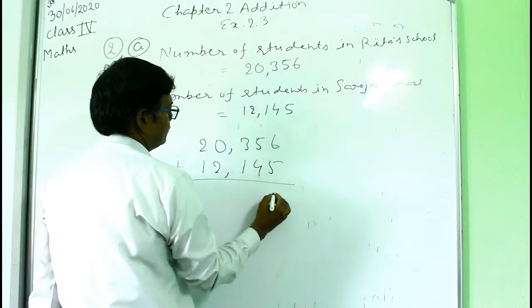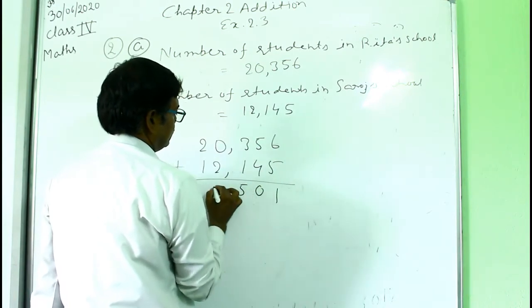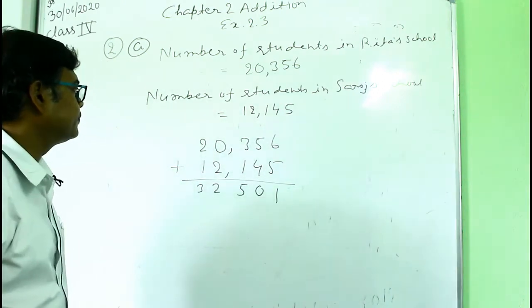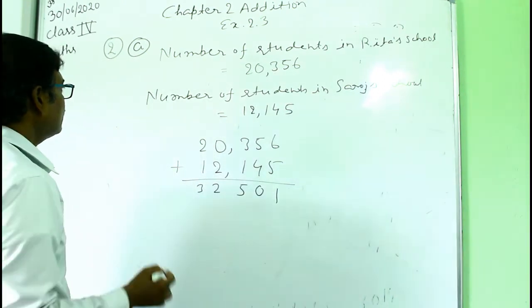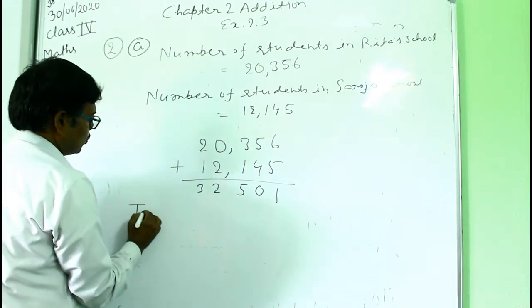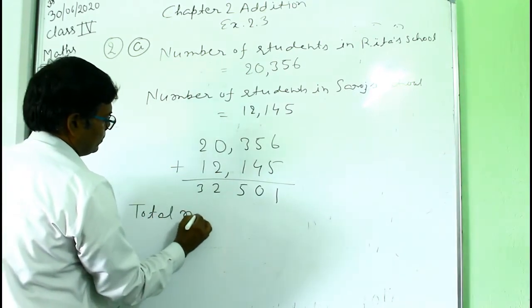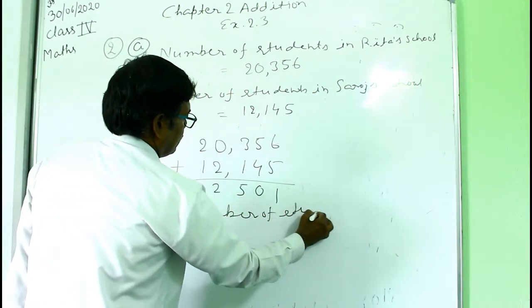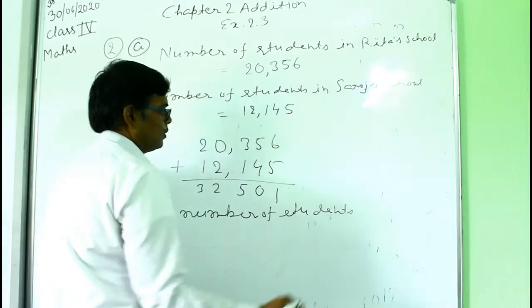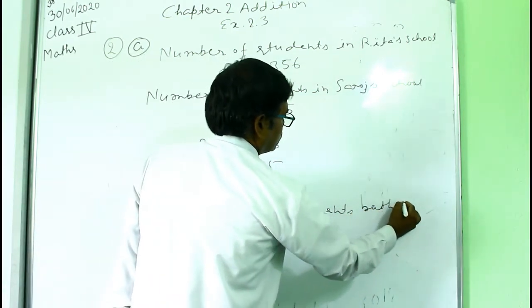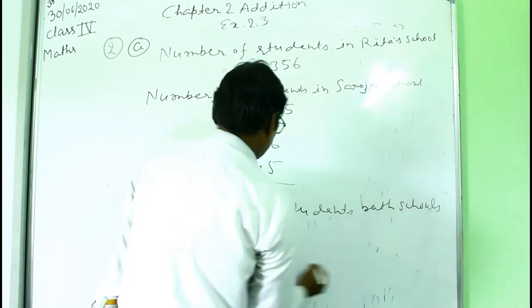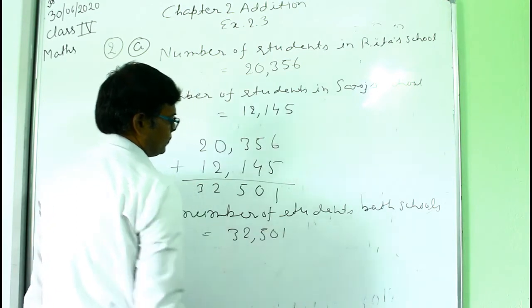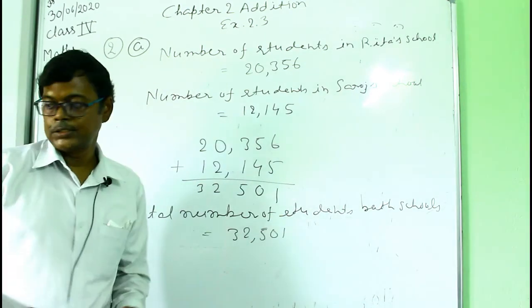So this is the sum. Here you will write the total number of students in both schools equal to 32,501. Okay, so this is the answer.